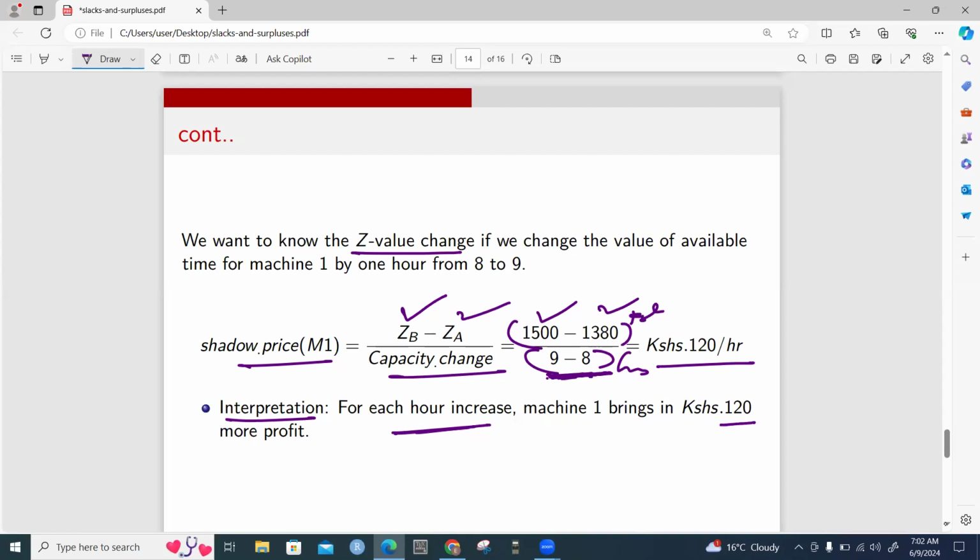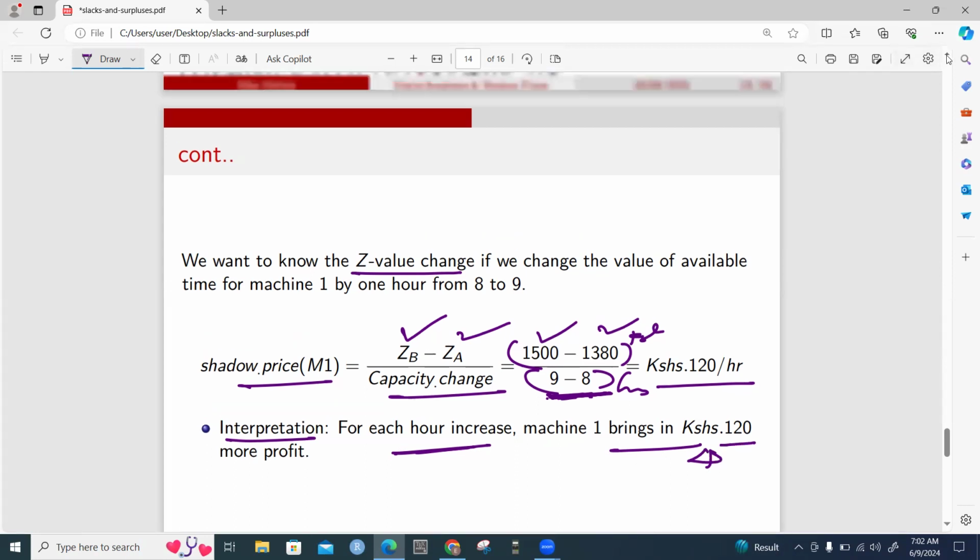That for each hour increase, machine 1 brings in 120 shillings more profit. And so that is what it actually means. And this could be information that could be useful for the management of that plant or that company to see whether this is a decision they can actually venture or try out.